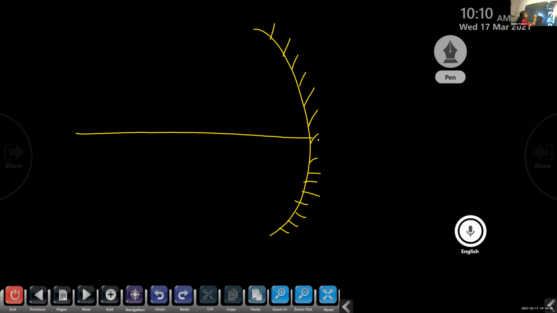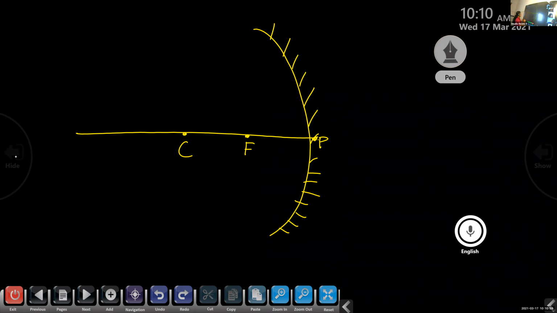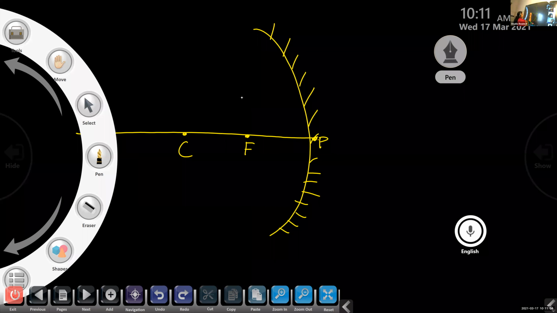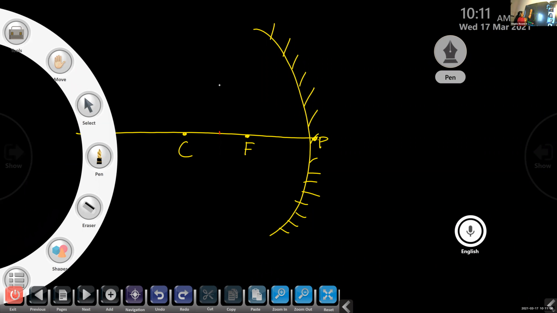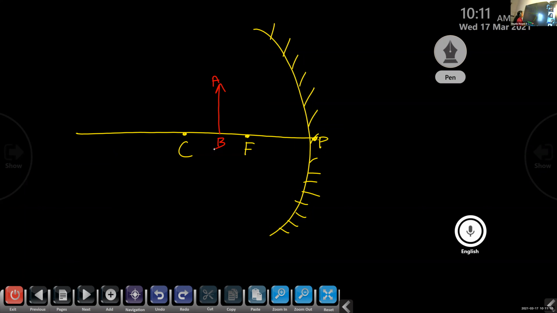Mark all the points of the concave mirror: P, focus, center of curvature. Here we are placing the object between C and F, that is here.